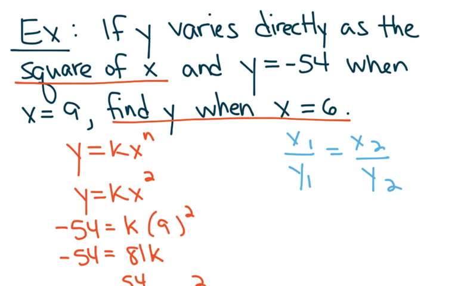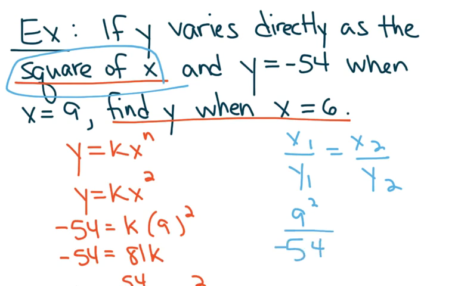But since we need to have squares of x's, don't forget it said square of x, that's an important thing. It told me that when x is 9 squared and y is negative 54, we want to find y when x is 6. So I can create a proportion.